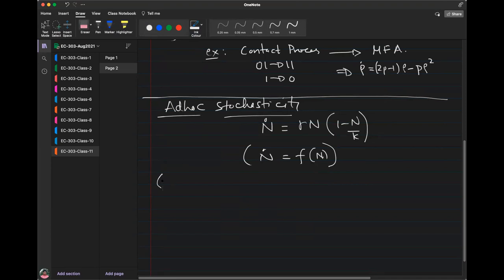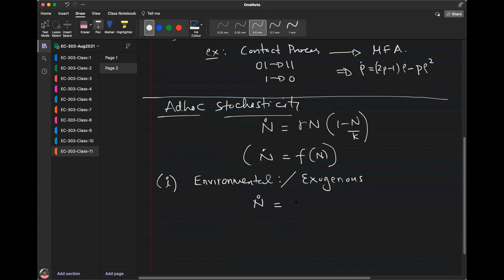So we ask ourselves, what is the origin of stochasticity? If the origin of stochasticity is environmental, we typically treat it as something entirely exogenous to the internal dynamics.